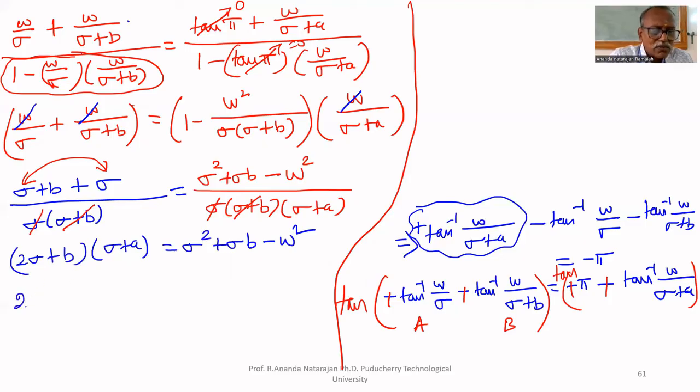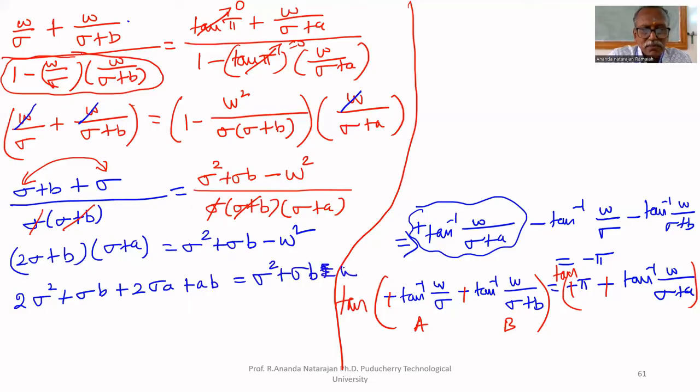Or you will get 2 sigma square plus sigma B plus 2 sigma A plus AB equal to sigma square plus sigma B minus omega square. If you bring this sigma square here, you will get sigma square. Sigma B gets cancelled.